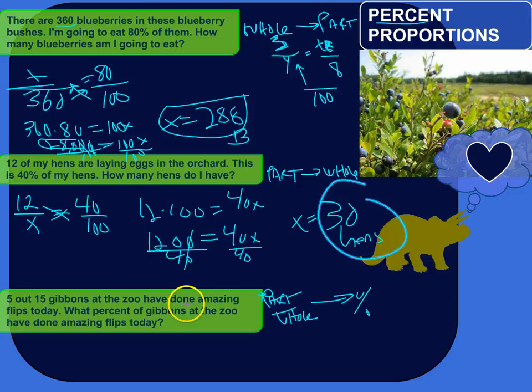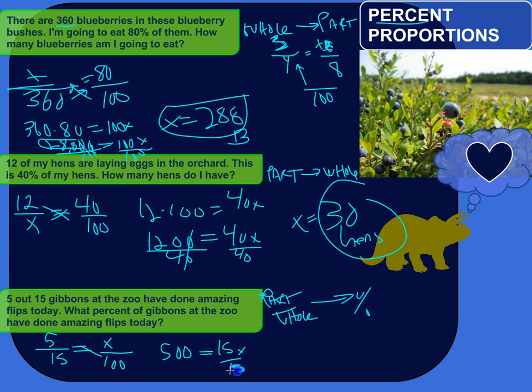What percent of gibbons at the zoo have done amazing flips today? So 5 out of 15 is equal to what out of 100? I can cross multiply. 100 times 5 is 500, which is equal to 15 times x, 15x.